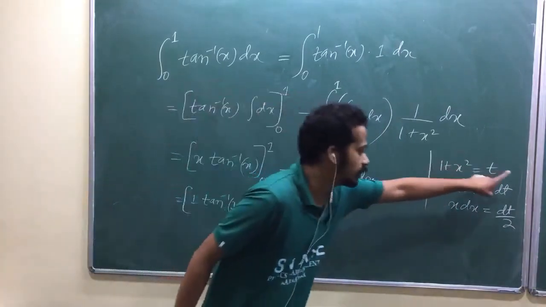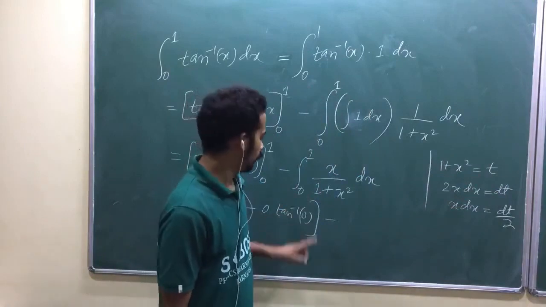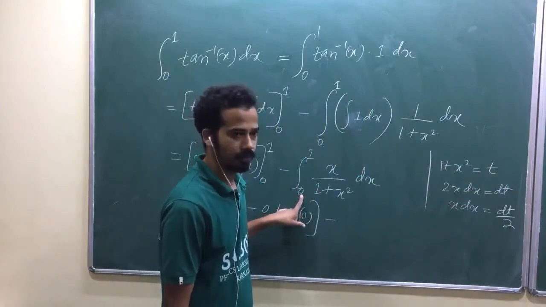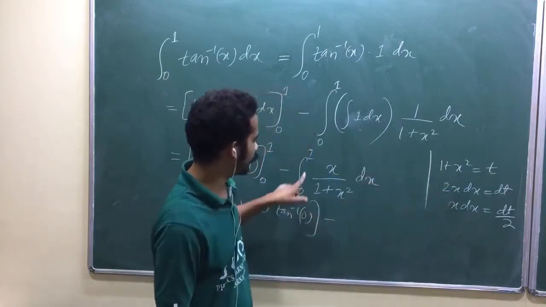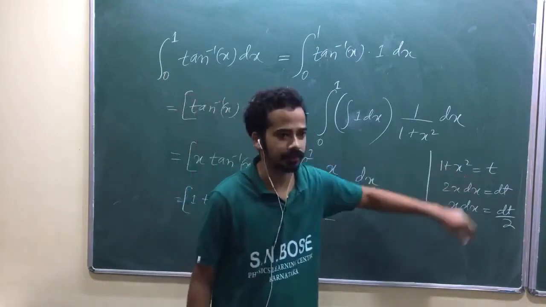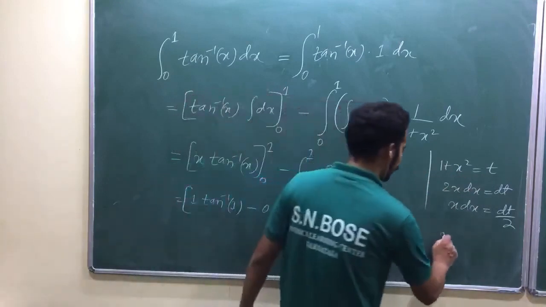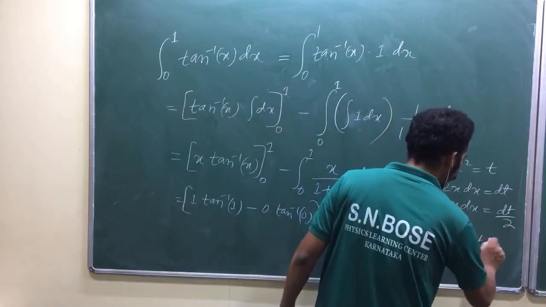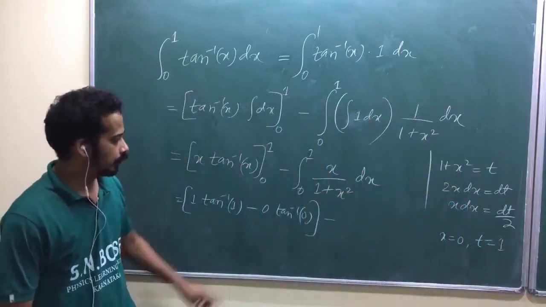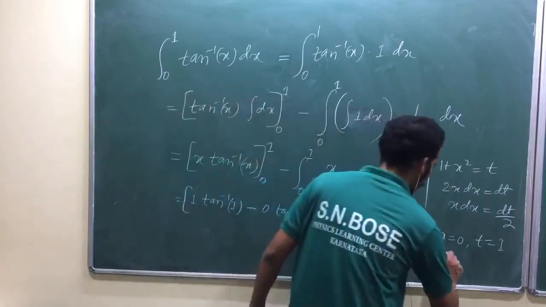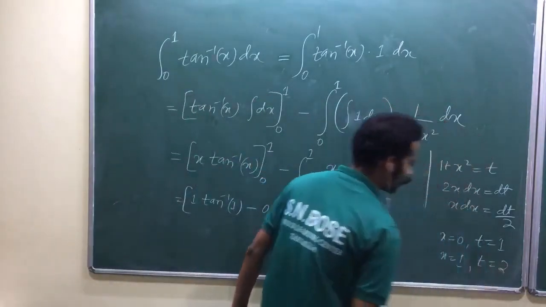Now once you change the variable, you should change the limit also. Am I right? x varies from 0 to 1. Then how does t vary? When x equal to 0, sorry, t is equal to 1, not 0. When x equal to 1, t is 2.